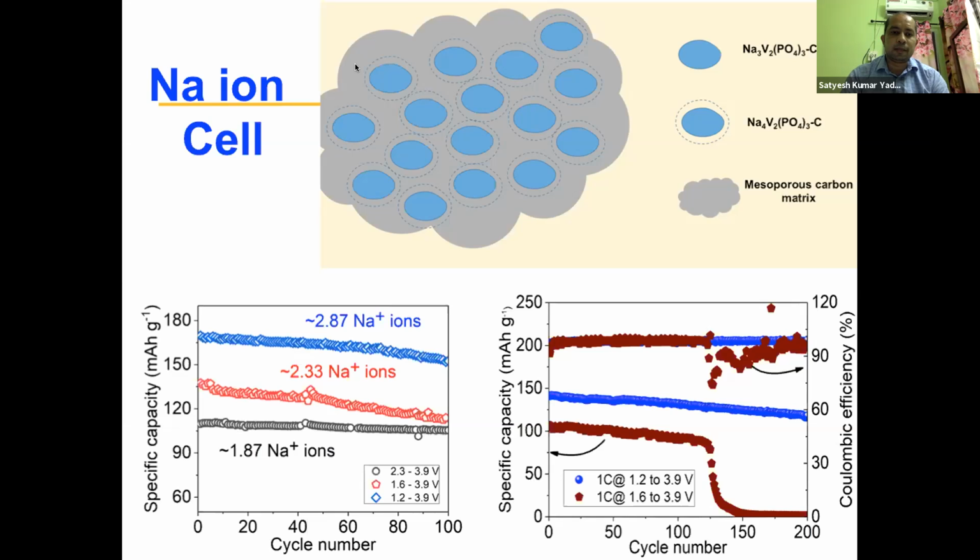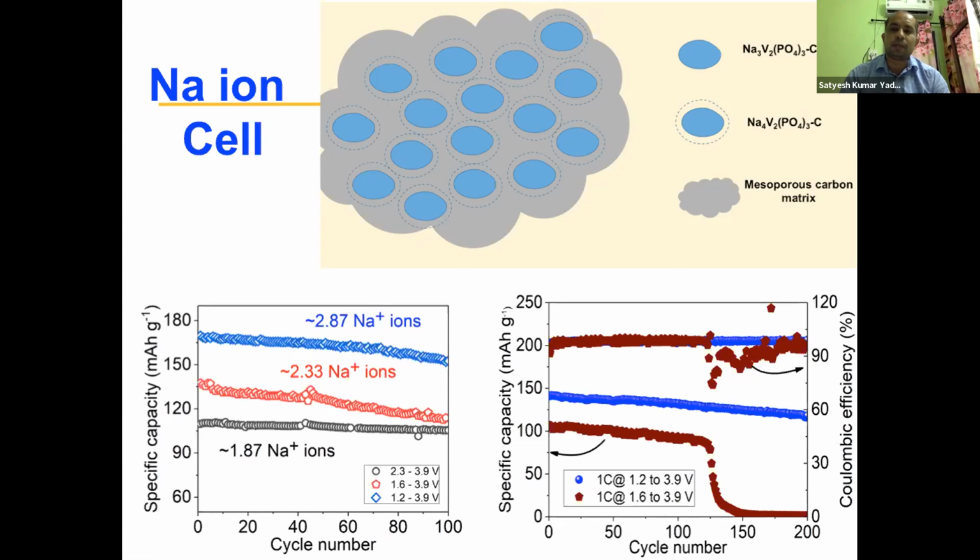So what happens is that when they charge and discharge in this voltage range, 2.3 to 3.9, which is the black line, you see a very stable specific capacity. But when they charge and discharge at 1.69 to 3.9, their capacity fades, which is what everybody would expect.